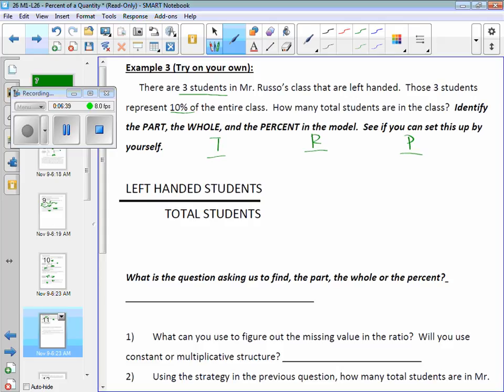You want to come up and do it? All right, come on up. Just do the ratio part, though. Don't do the whole thing just yet. Oh, I see what you're doing. Okay.